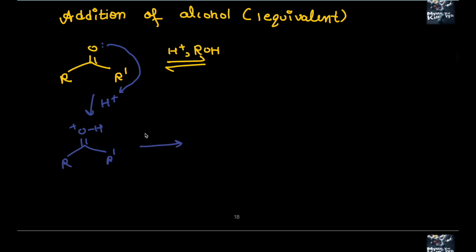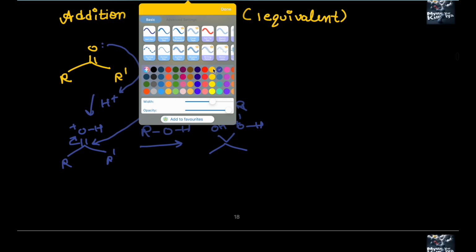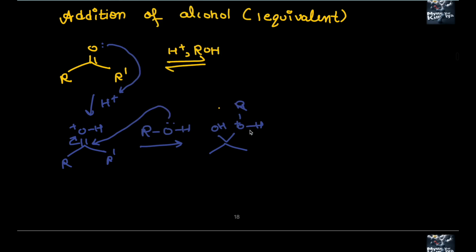In the next step, the alcohol oxygen attacks this carbon and the pi bond breaks. Again, this oxygen gets a positive charge. The next step is the removal of the proton, which regenerates our catalyst H plus.